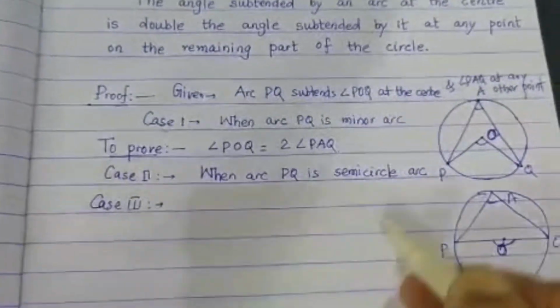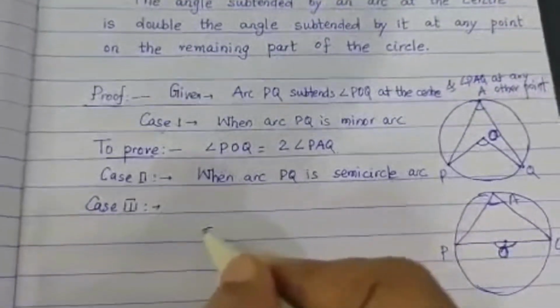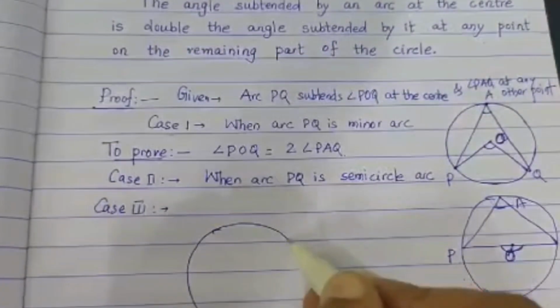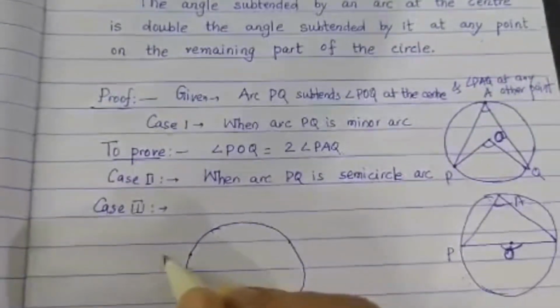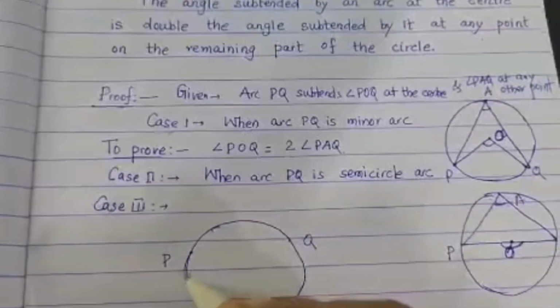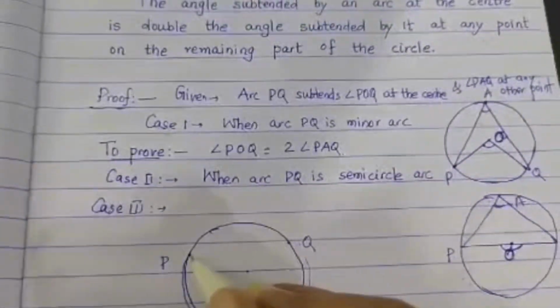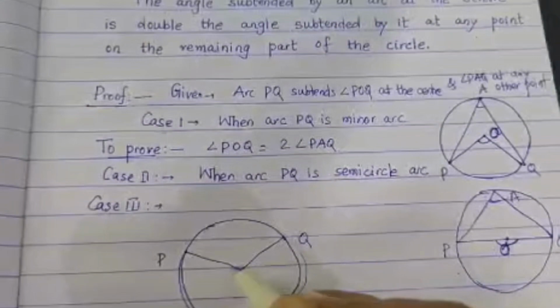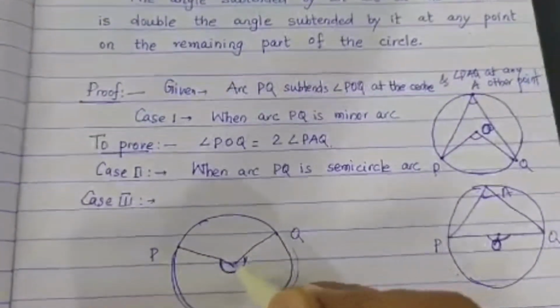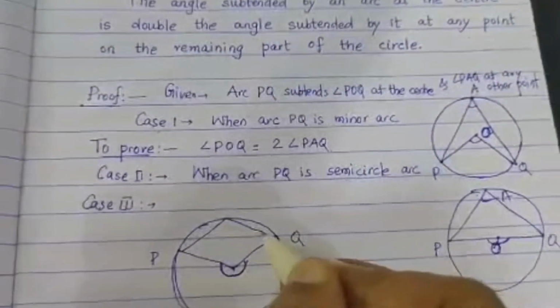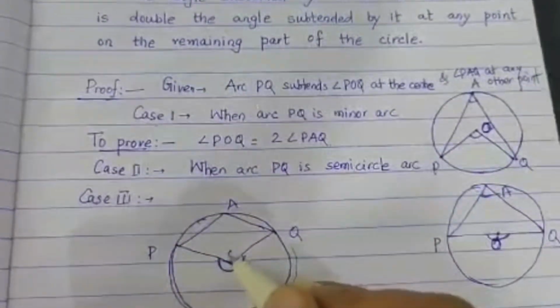Okay, now what is case 3? Case 3 is this figure. Suppose this is the arc PQ, the major arc, this one. Okay, so this major arc will subtend an angle at the center, and let us suppose this is any other point.